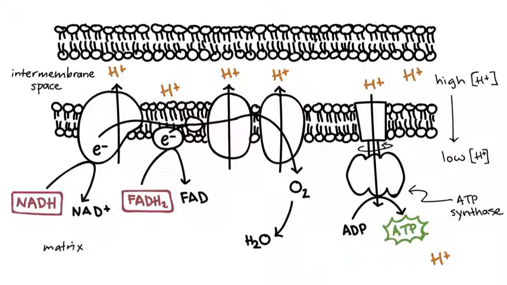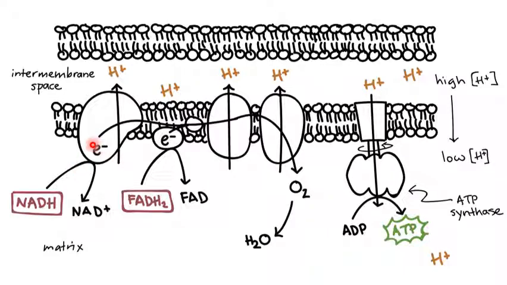So we've just covered the electron transport chain, which is shown on the left part of this diagram of oxidative phosphorylation. In the electron transport chain, again, you have electron carriers coming in, dropping off their electrons, becoming oxidized back to NAD+ and FAD. These electron carriers are now going to go back to glycolysis, to pyruvate oxidation, to the Krebs cycle, and serve as reactants there.